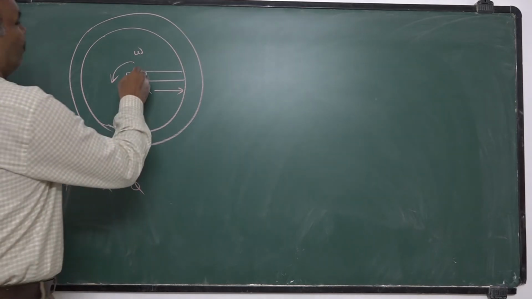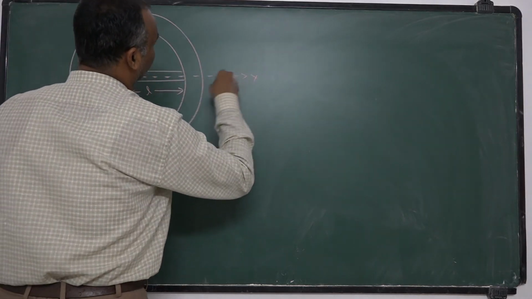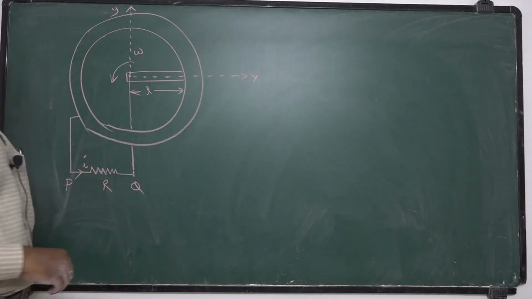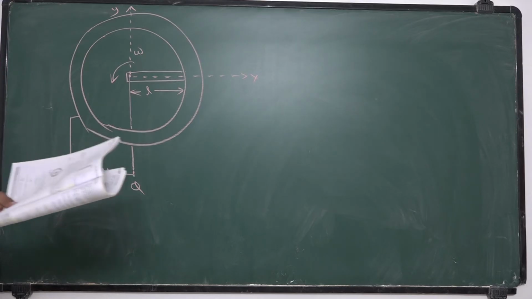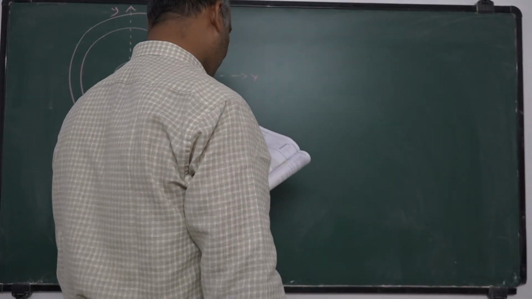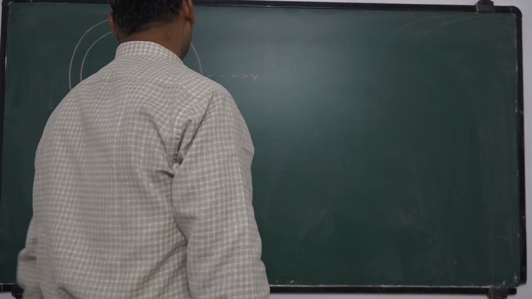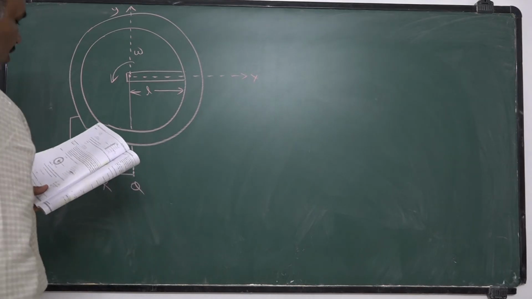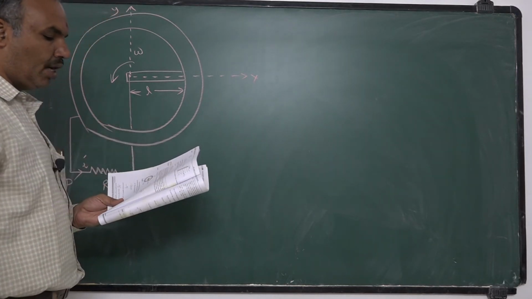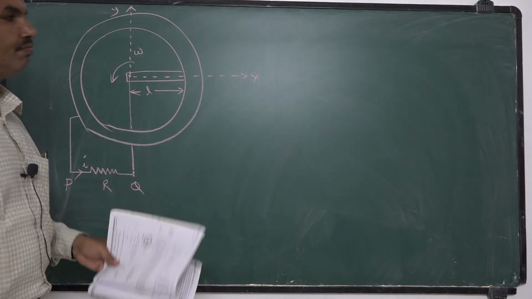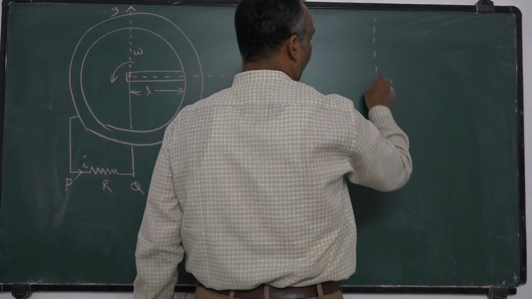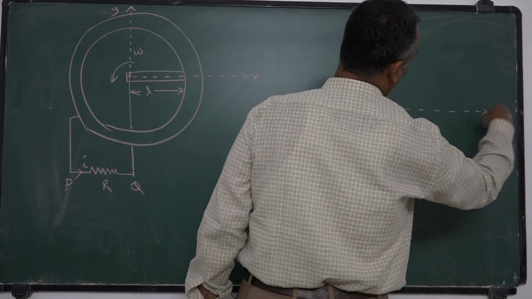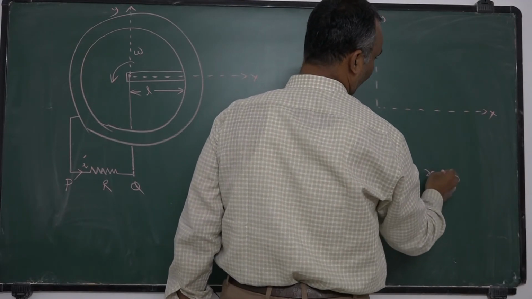For my convenience, let me take it as x-axis, let me take it as y-axis. As we know earlier, and here the magnetic field is having two different values: B naught k when x is greater than 0, minus B naught k when x is less than 0. That means if this is the y-axis, this is the x-axis, this is the region where x is greater than 0.